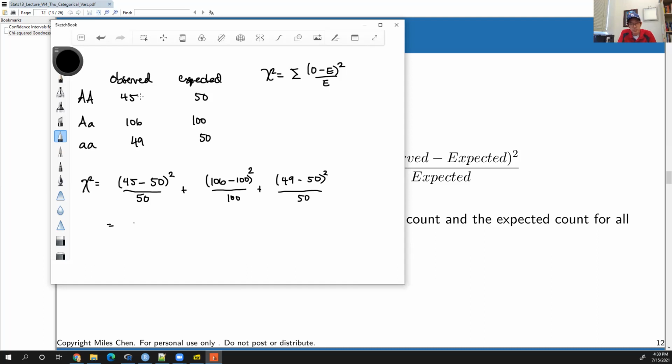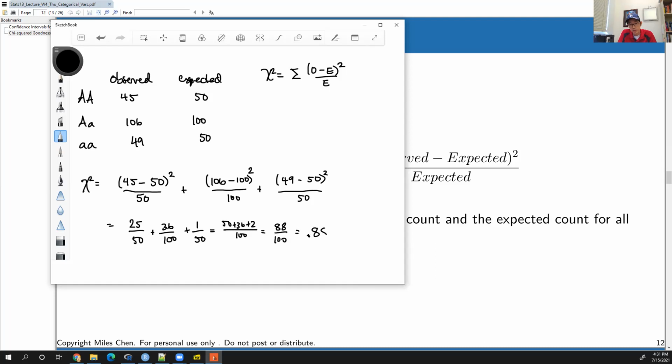So 45 minus 50, squared, gives 25 over 50. Then I get 36 over 100, plus 1 over 50. What is this? 50 plus 36 plus 2, so 88 over 100. So not even 1.